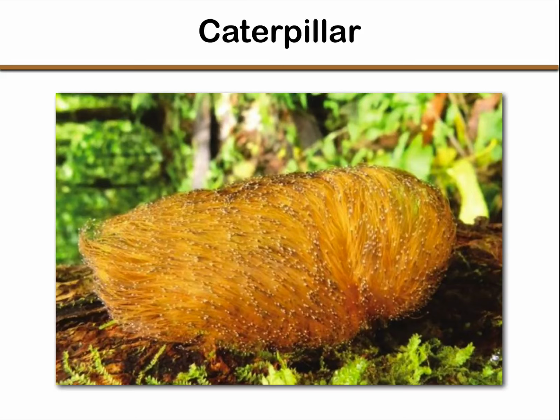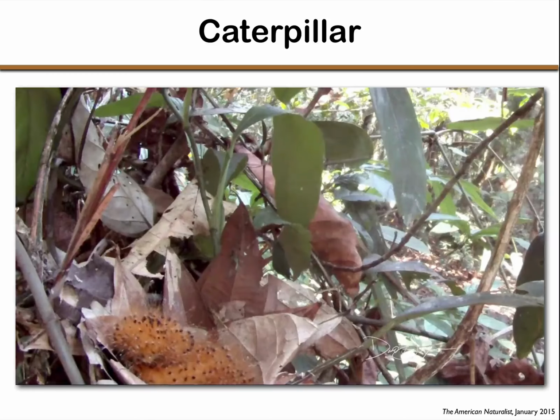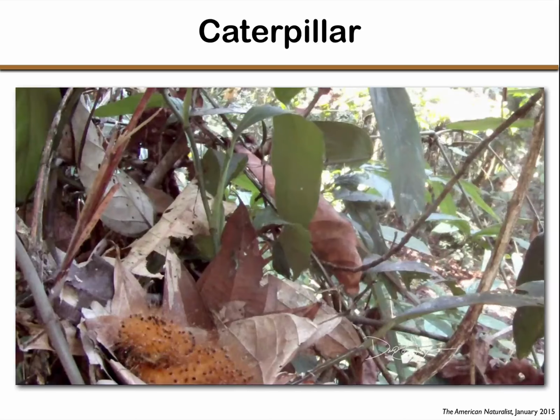This is a caterpillar from South America, and it is poisonous. And here we can see it in the woods, slowly moving around, mostly its head. Very typical of caterpillar type behavior. Again, pretty subtle. There you can see it.